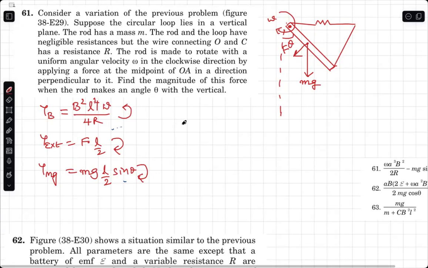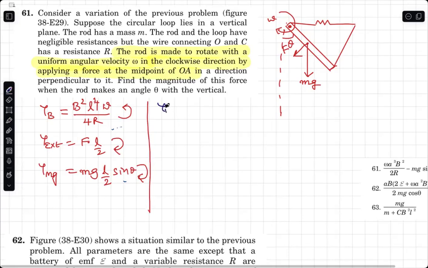One point must not be forgotten, despite all these torques: uniform angular velocity, clockwise direction, by applying a force at the midpoint of OA. Till this point, any doubt, boys and girls? So you want a condition where net torque is equated to 0.